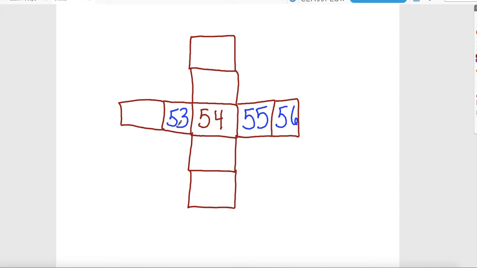And then if I start at 53 and I count back 1 again, what number should I have? Yanessa, is your hand up? 52, nice job. Now I have the easy part filled in: 52, 53, 54, 55, 56. That's the super easy part.